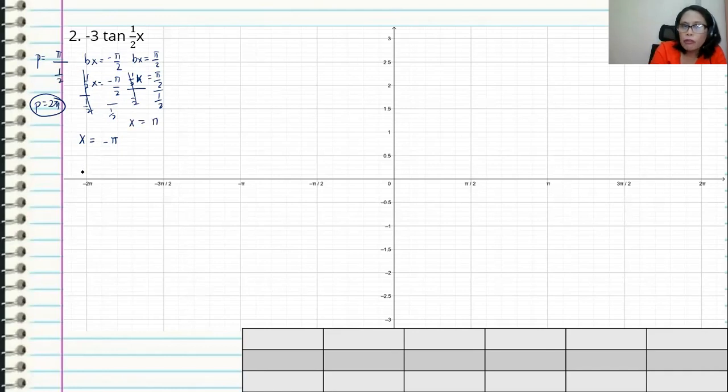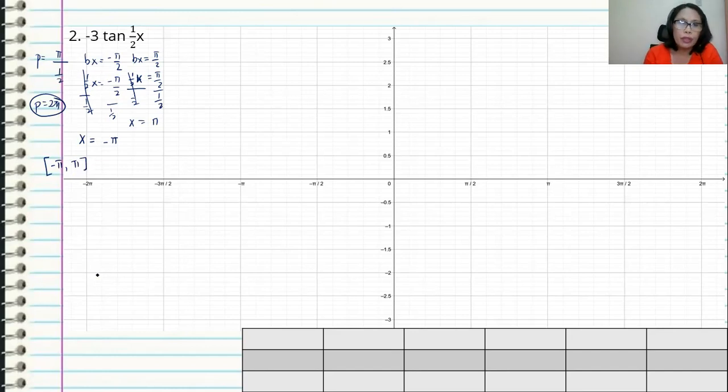So one period interval for this graph is from negative pi to pi. So the distance there is equal to 2 pi, which is the period for that function, negative 3 tangent 1 half x. Originally, the period is equal to pi, but since b is 1 half, so since b is less than 1, the graph becomes wider instead.